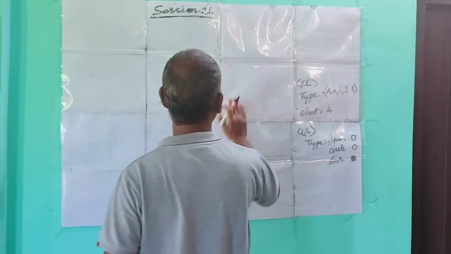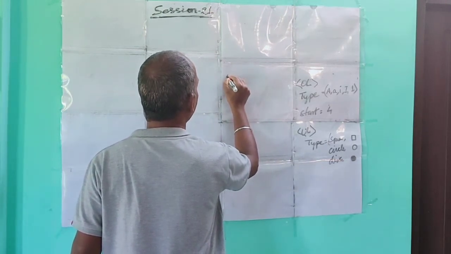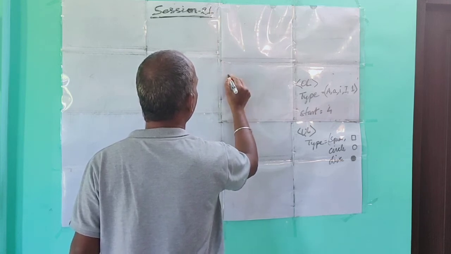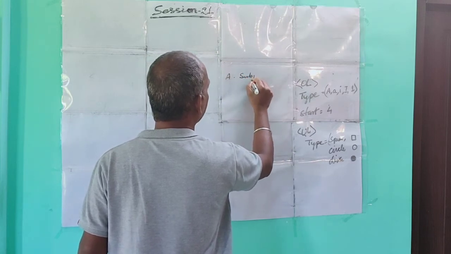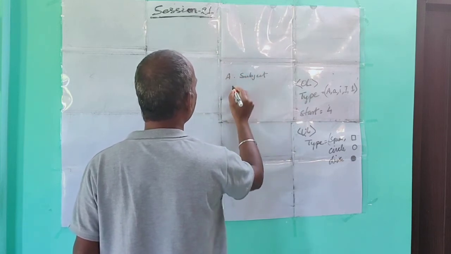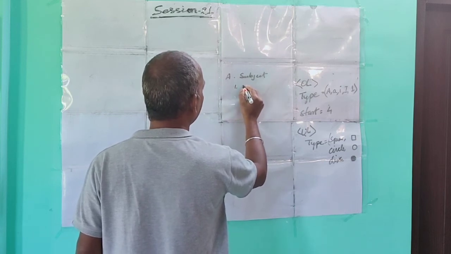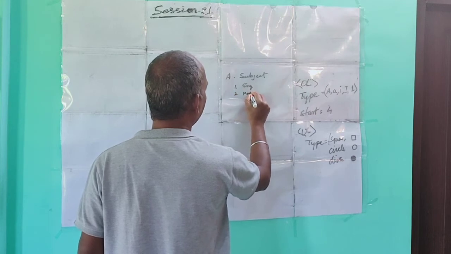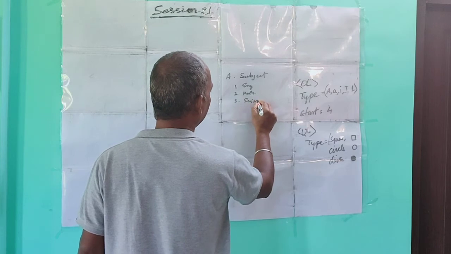Now look at the program. I'm giving here A, B, subject. Then under subject I'm giving 1 English, number 2 math, number 3 science.